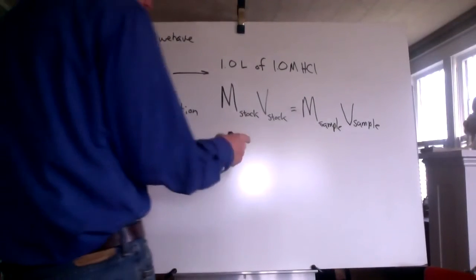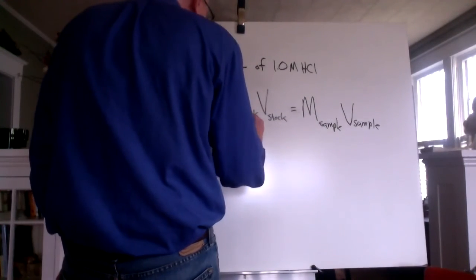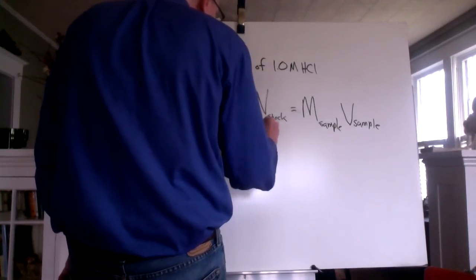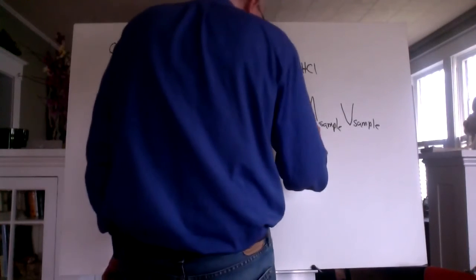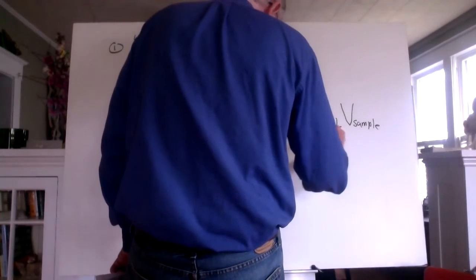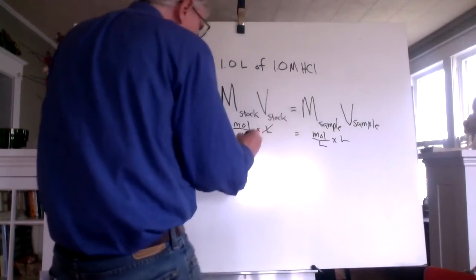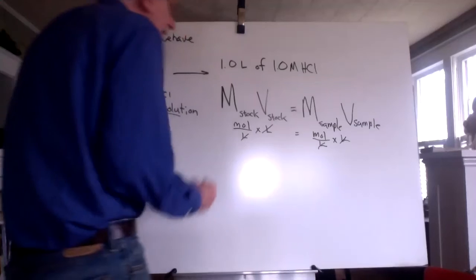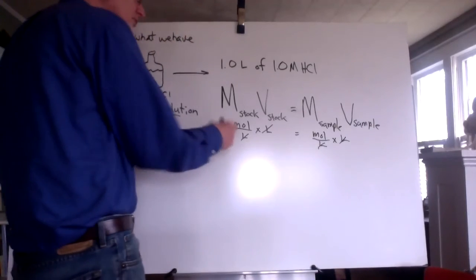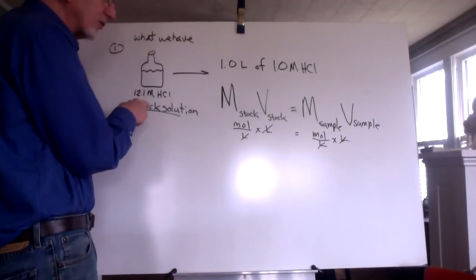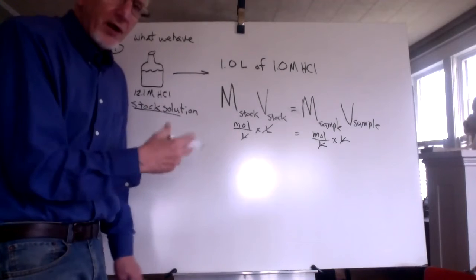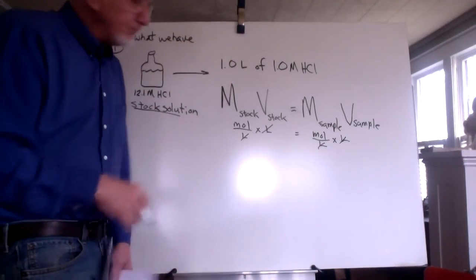And remember that molarity is moles per liter and volume is liters. Notice that the liters cancel on both sides. And what this is telling us is that the number of moles that you get from this stock solution is not going to change because you dilute it.